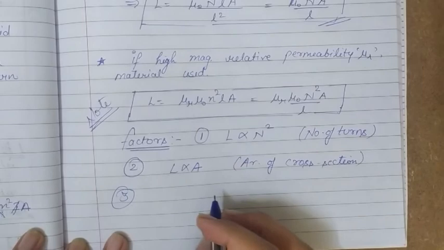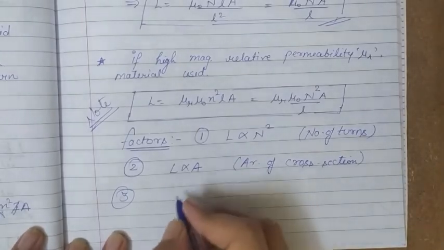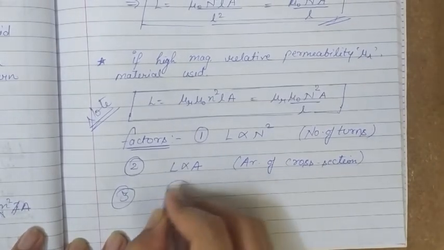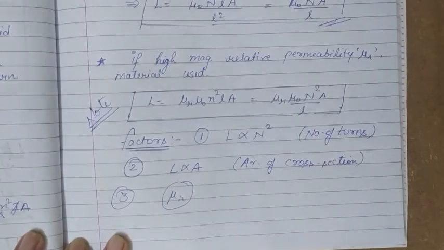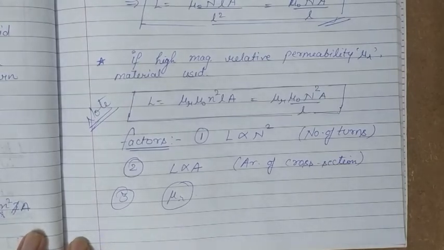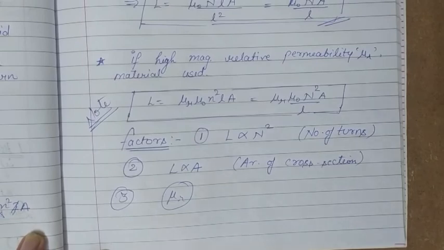Third factor is permeability of the core material, that is mu r. If we are going to use a material with high value of mu r, or if the mu r is increasing, then in that case inductance will also increase, the value of L will also increase.